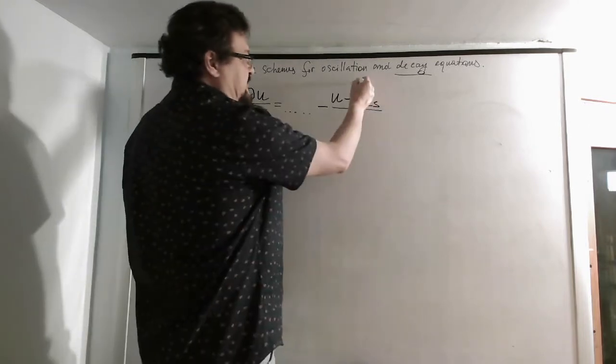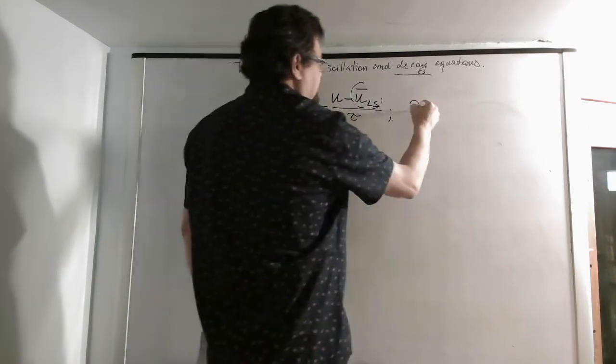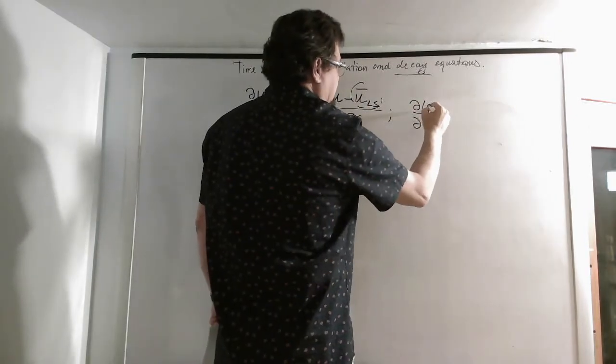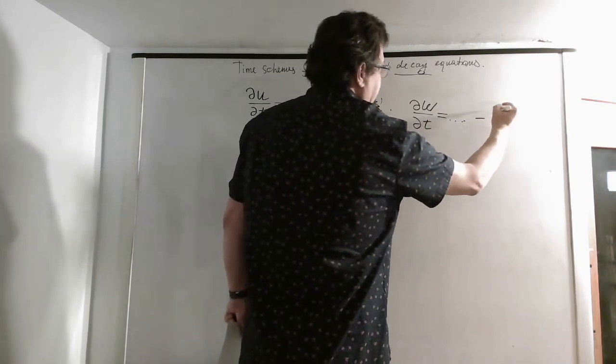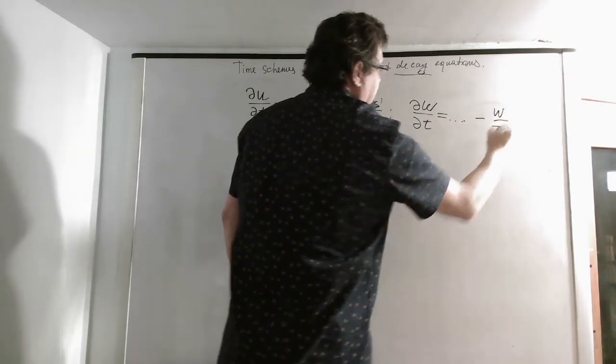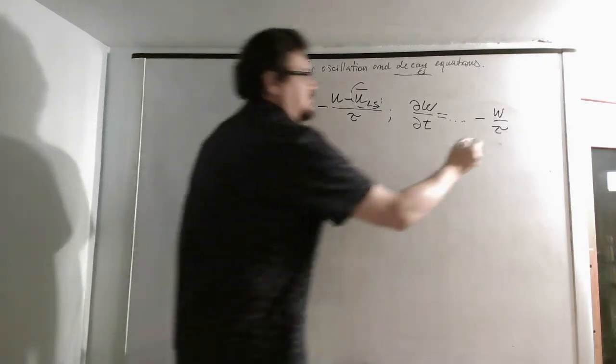So our term becomes something like this. Say it's vertical velocity, dw/dt equals some terms here, and here we have minus w divided by tau, where tau can be a function of height.